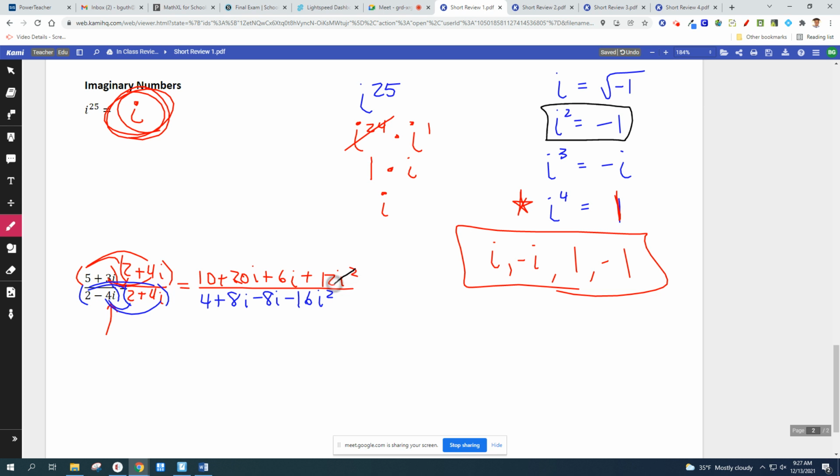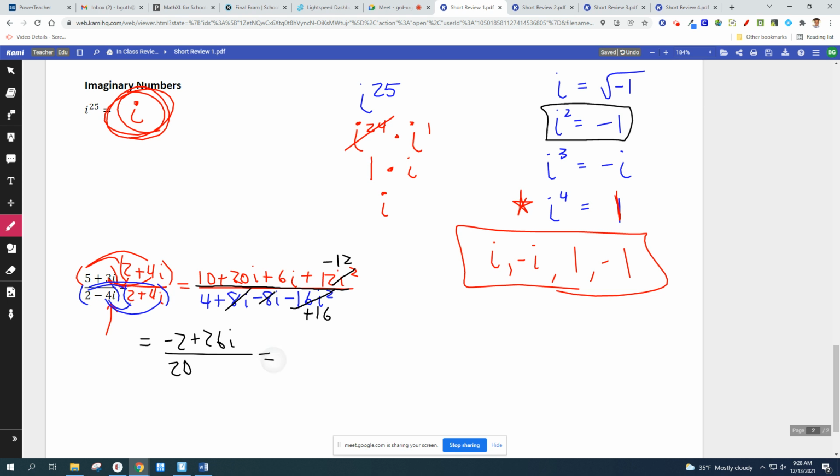So if i squared is -1, then I've got 12 times -1 is -12, and I've got -16 times -1 is plus 16. I clean up my like terms. On the top of this fraction, 10 minus 12 is -2, and 20i plus 6i is plus 26i. On the bottom, 4 plus 16 is 20, and those two things cancel out.